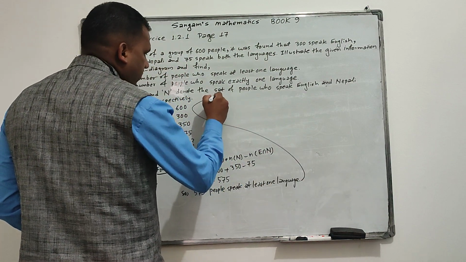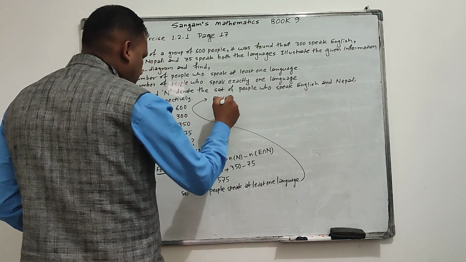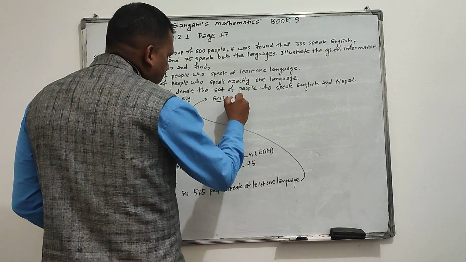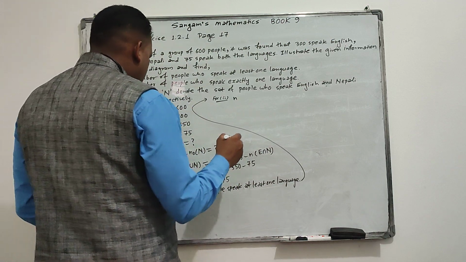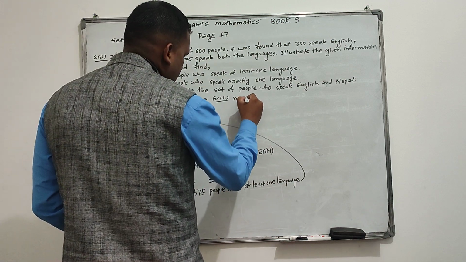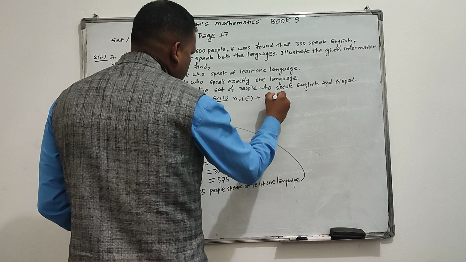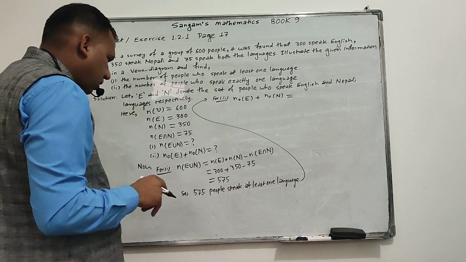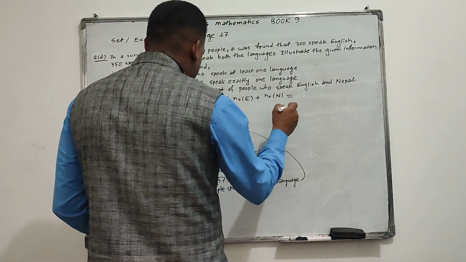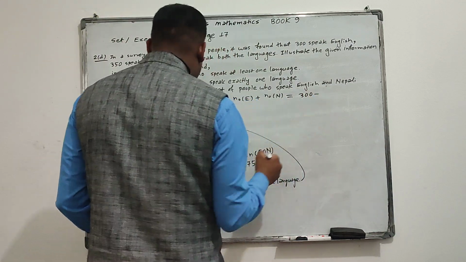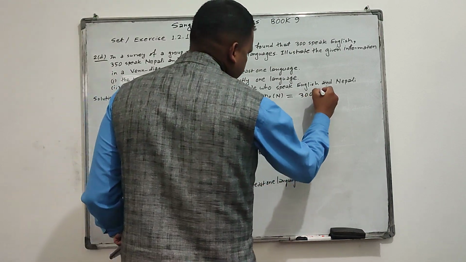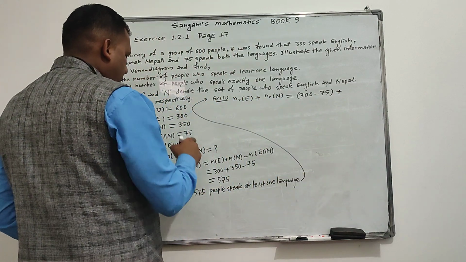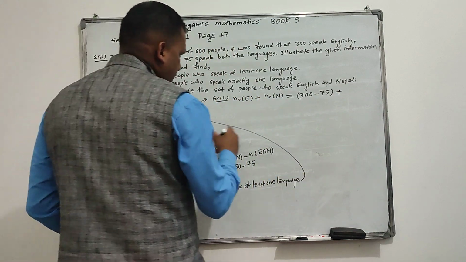Similarly, for 2, the number of people who speak exactly one language, that is E not N plus N not E. E not N equals number of E minus intersection. So 300 minus 75 plus N not E is 350 minus 75.